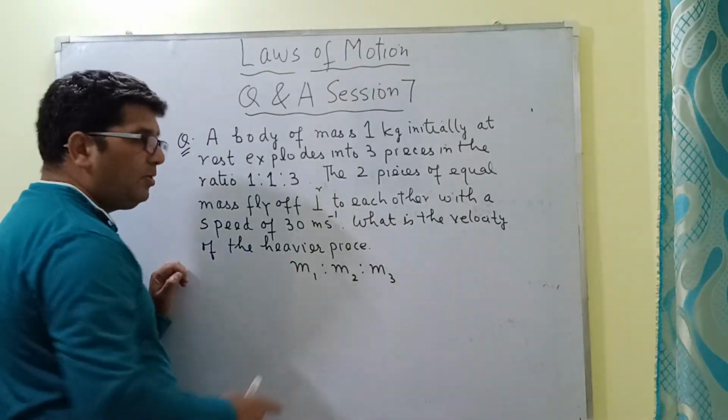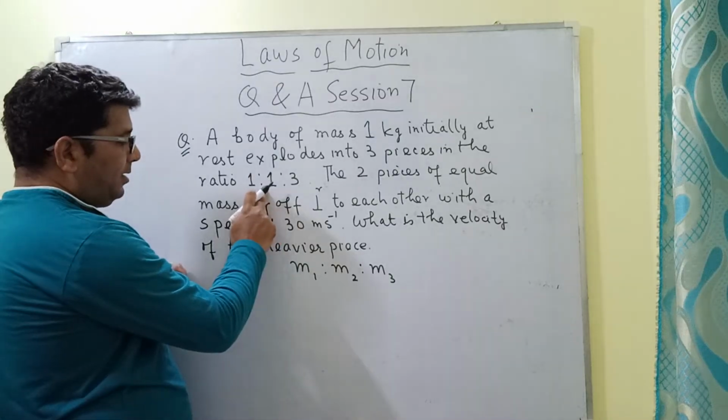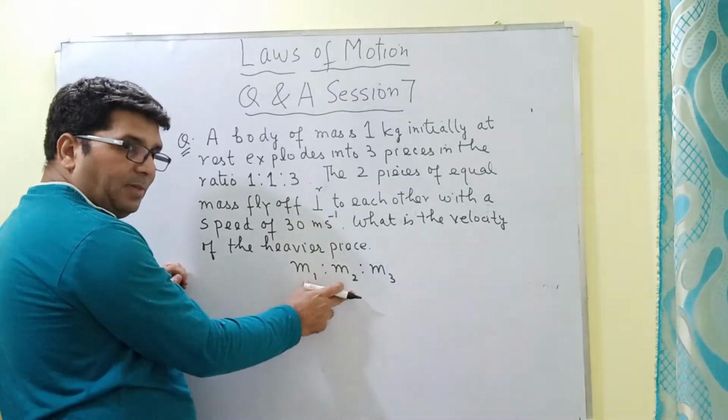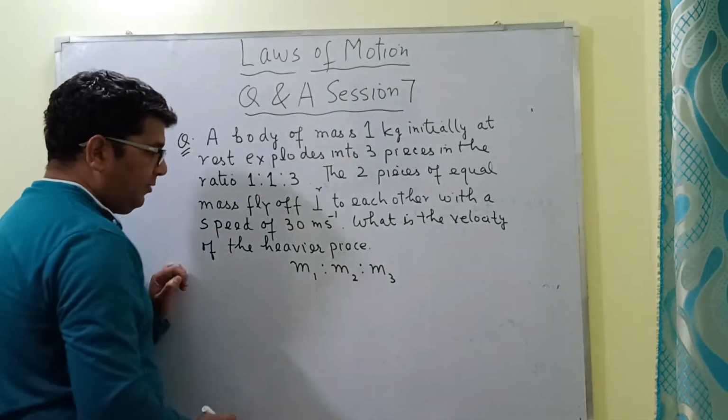So m1 and m2 are having the equal mass, and this is the heavier piece.